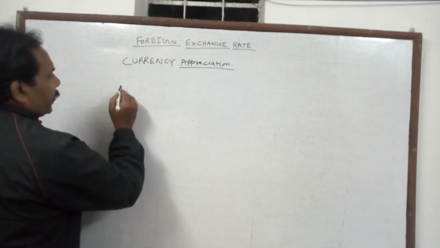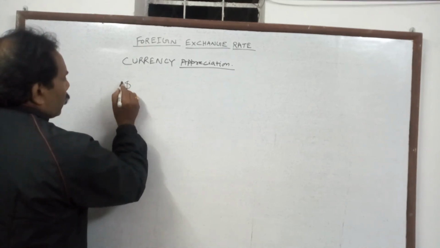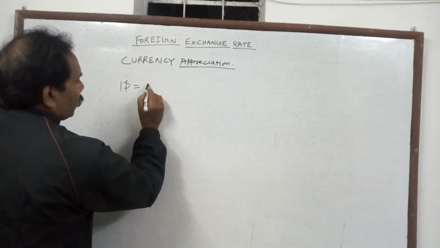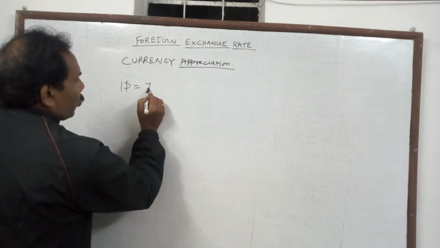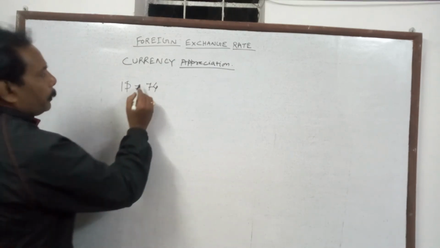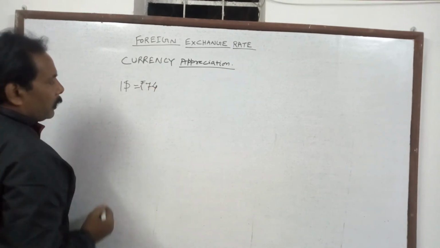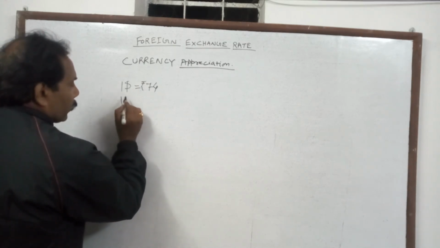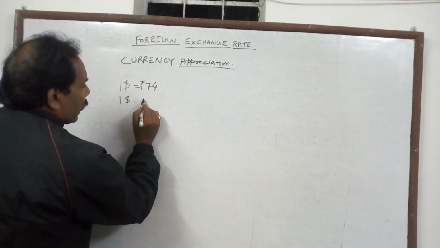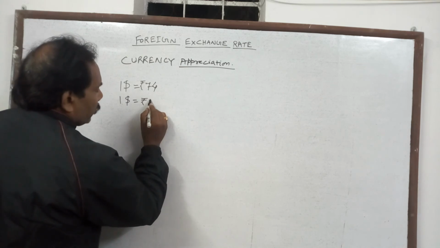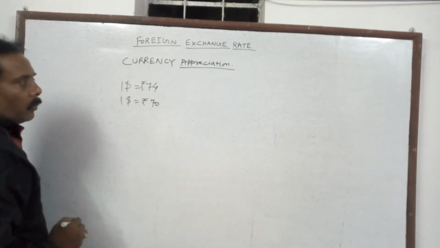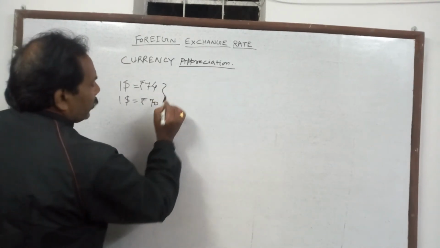Okay, so just reverse it. Previously we were writing that $1 is equal to, suppose, paying rupees 74, but for the same dollar we are at present paying rupees 70. Okay, so now we are paying less.